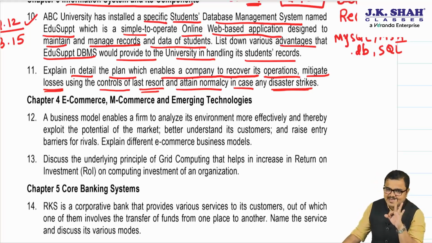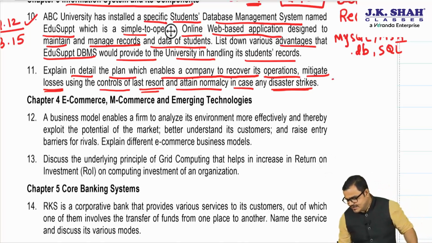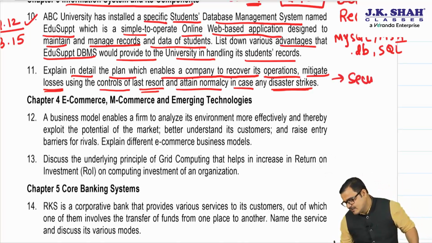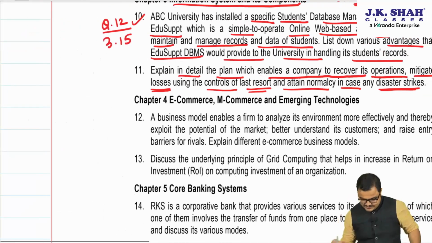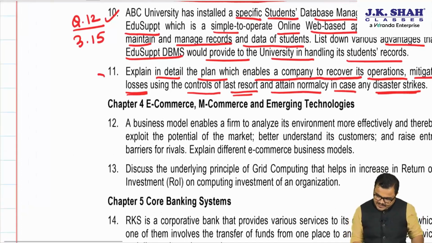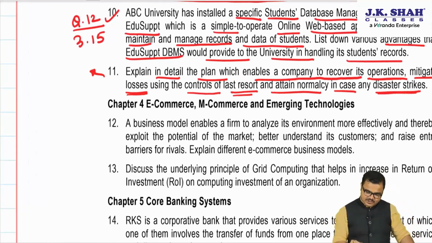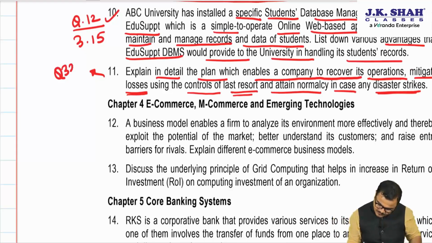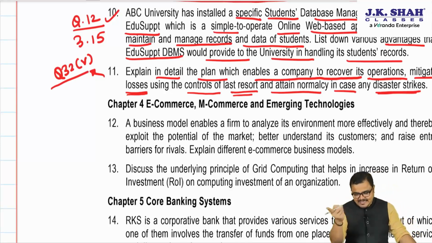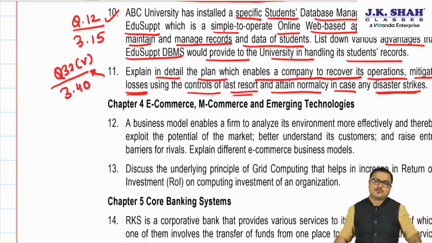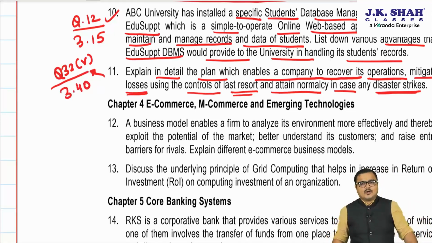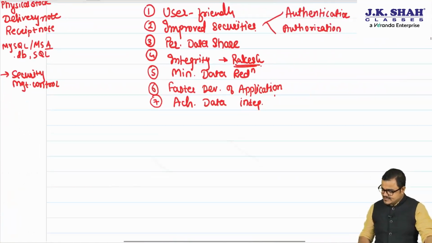And here we are going to refer to the security management control. This answer is given in our JKSC book as question number 32.5, and in the ICAI module it is given on page number 3.40. Let us discuss this question now.